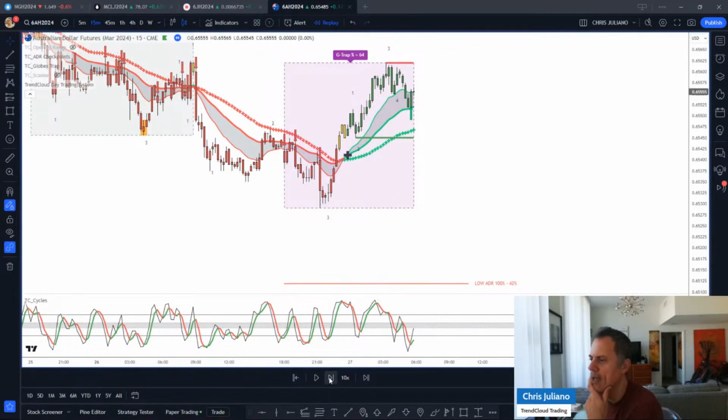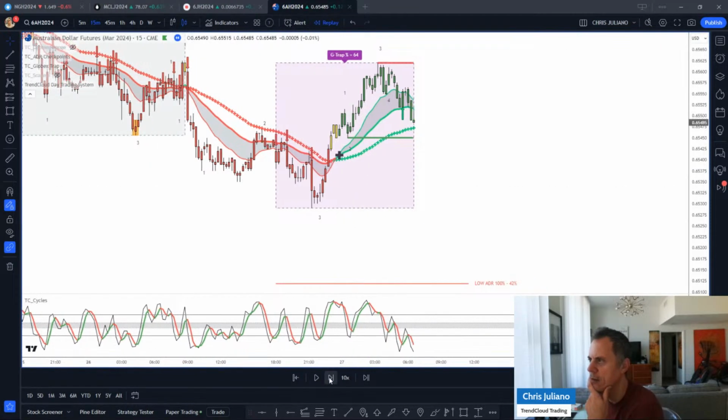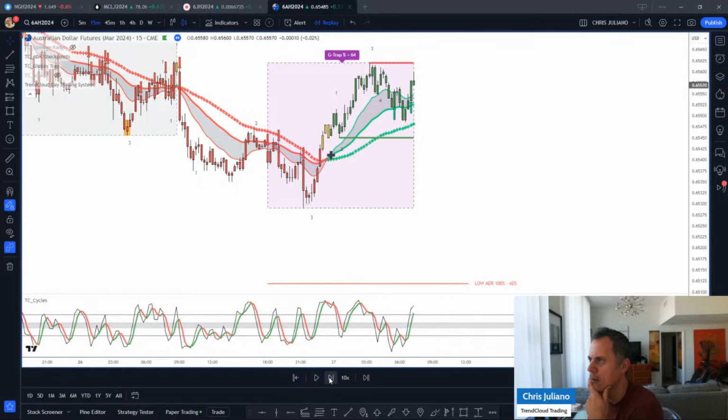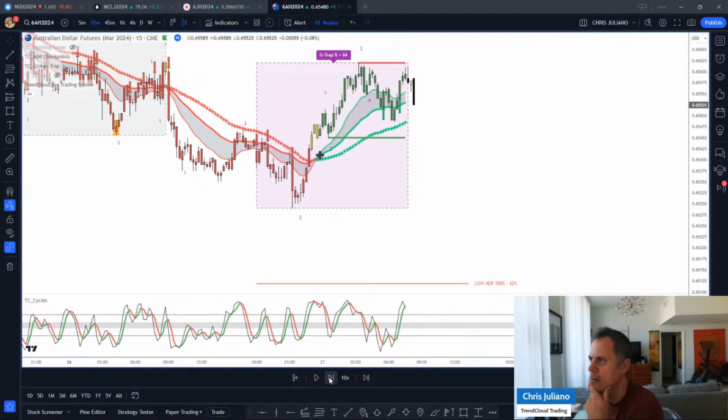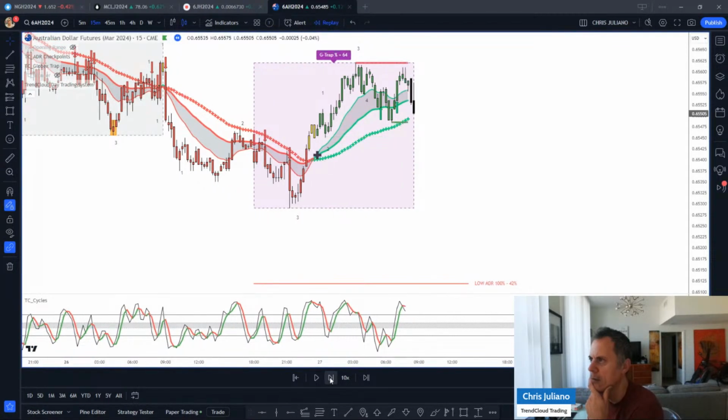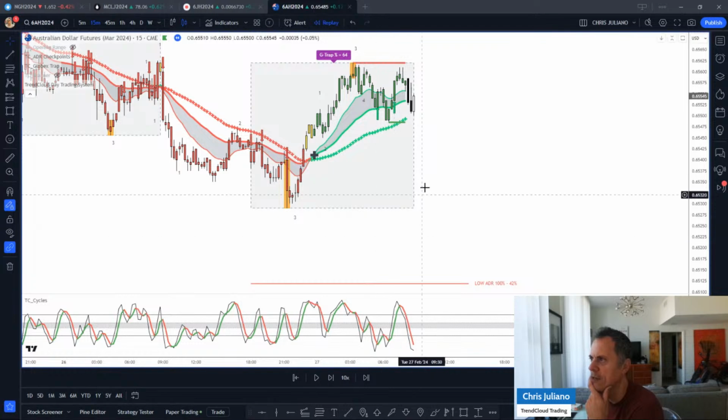Okay, so as you move forward here, see how this already took place. It hit here, it hit here, but that already took place.